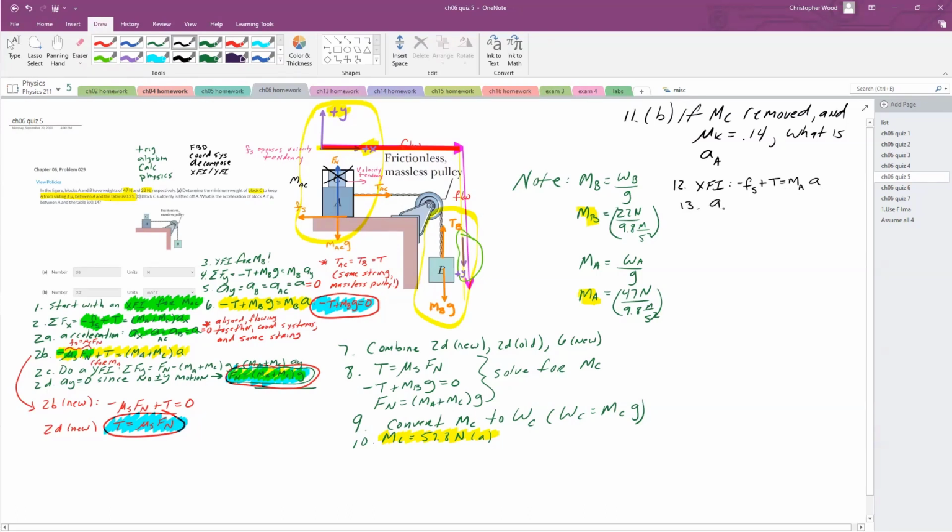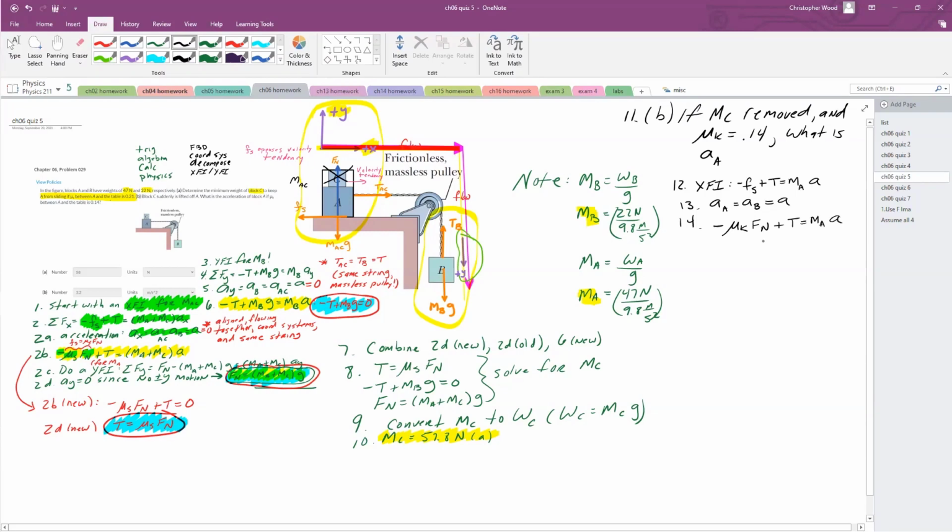So the acceleration of block A is going to be the same as the acceleration of block B. So let's just call it A. Having said all this, minus mu sub K times F sub N plus T equals mass of A times A.